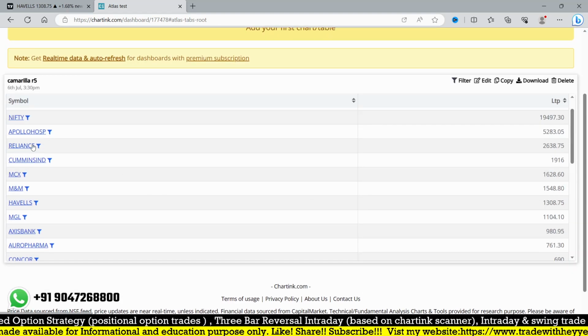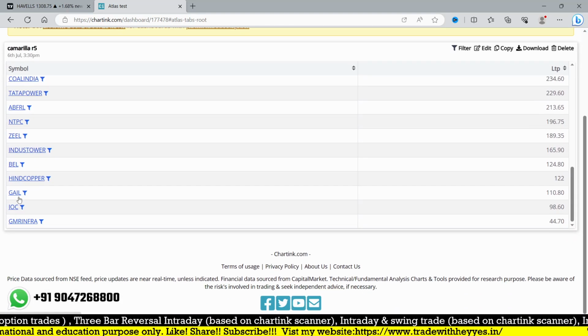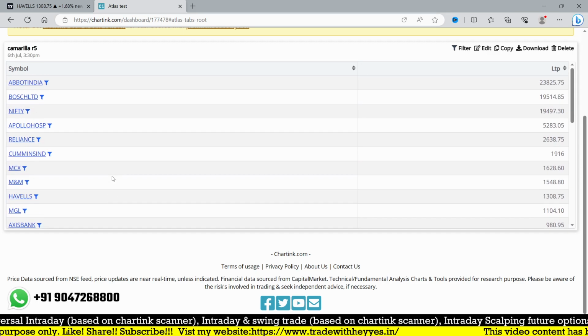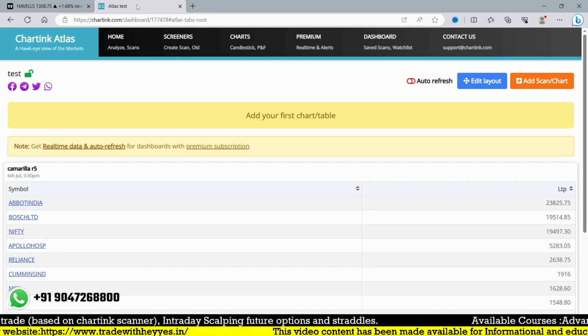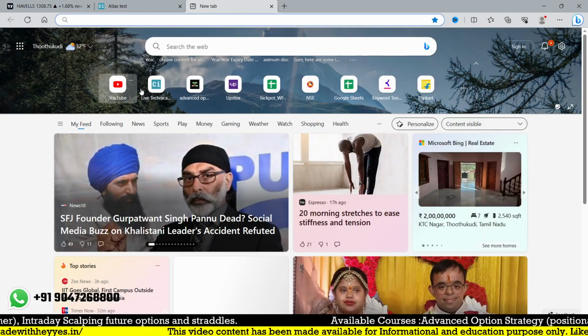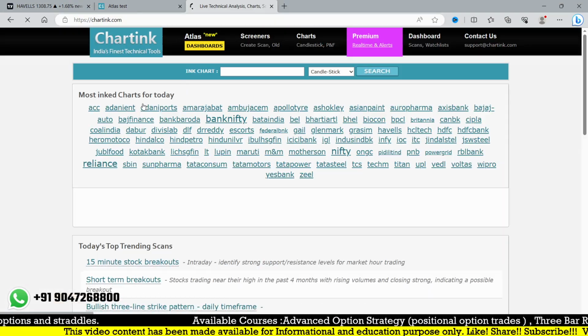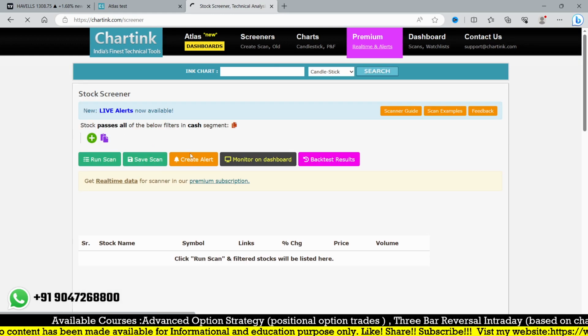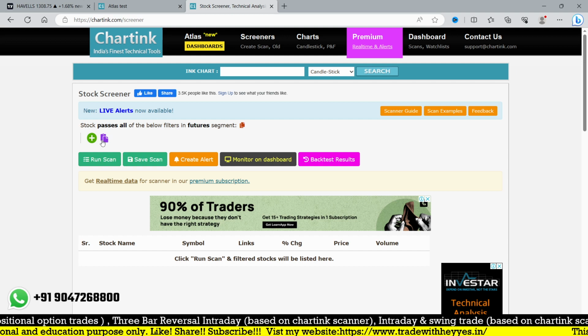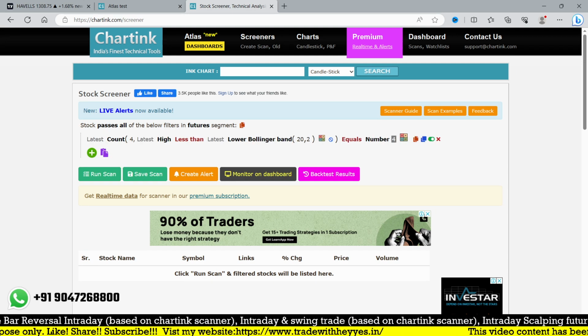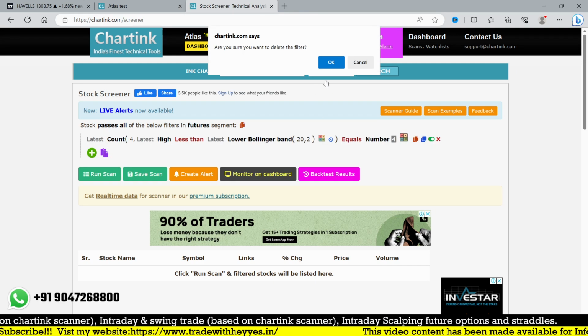I think Nifty, Apollo, Reliance. How many stocks today? Only fewer stocks. Yeah, this many stocks, no? So by our scanners, how many stocks did we filter out? Starting scanner, simply going to create a scan. And cash, you found the stocks. So that one is not right.